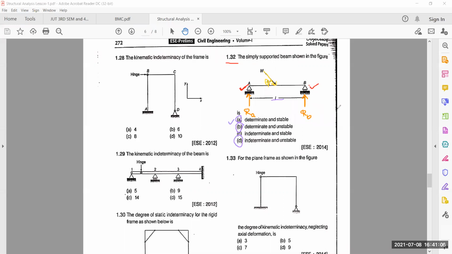You have only two unknowns, but for solving them you have three equilibrium equations.